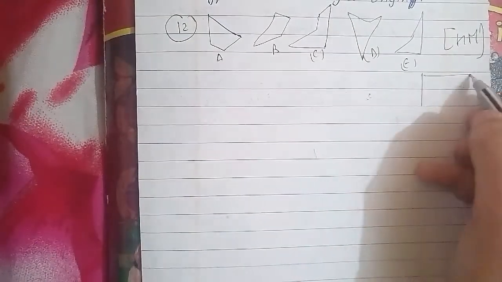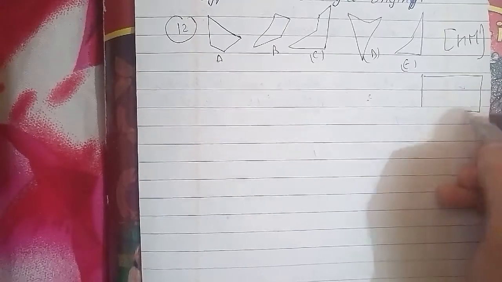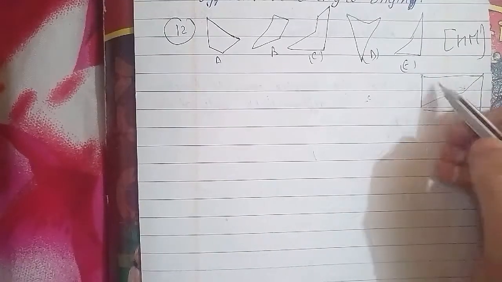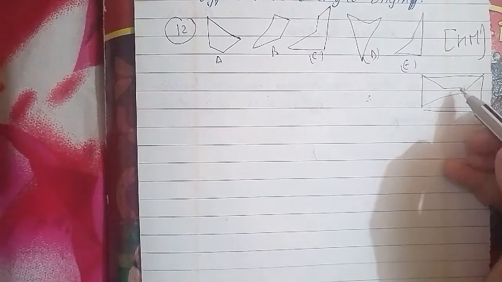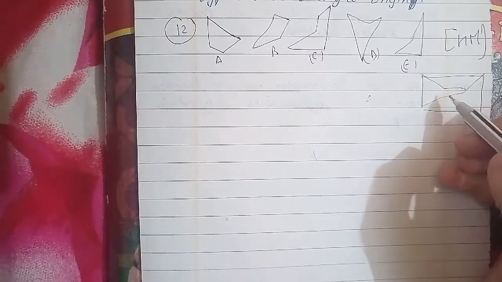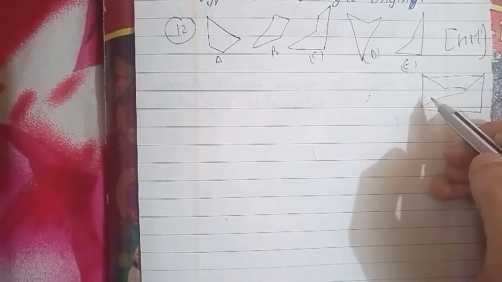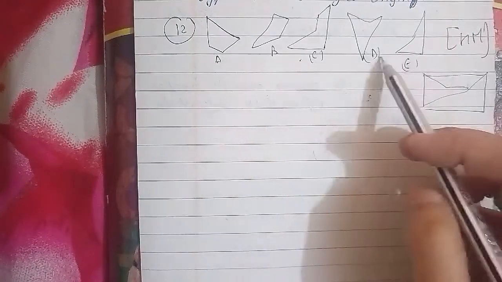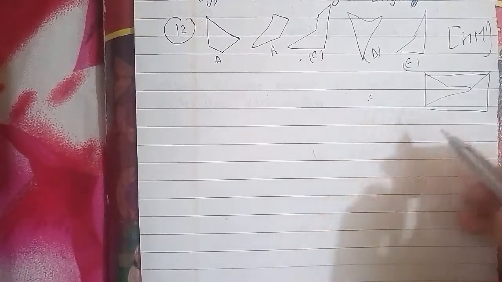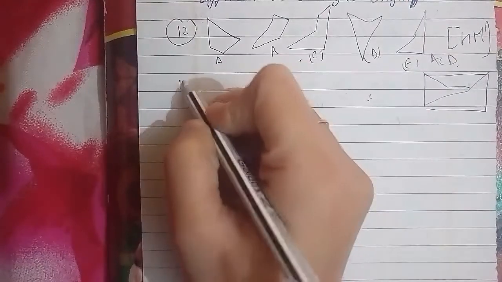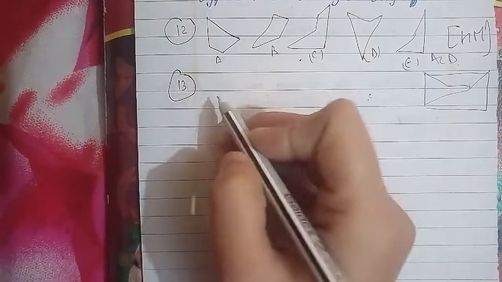This is the figure we have here. The combination we have here is A, C, and D. So A, C, D. Let's go ahead with another question, the 13th question of the session.